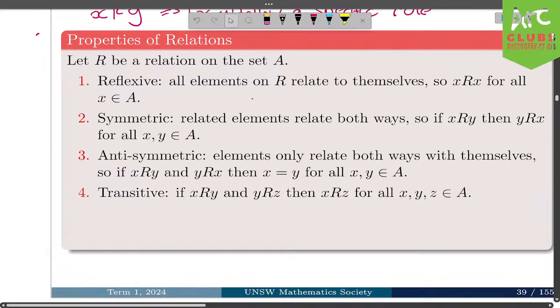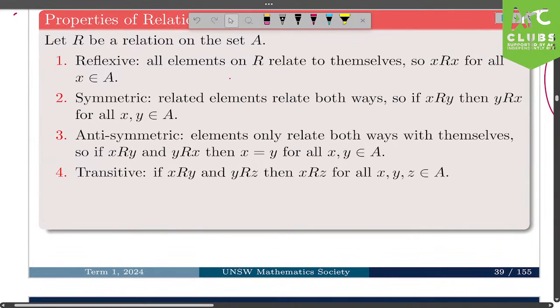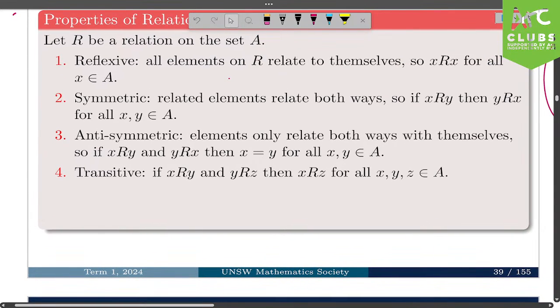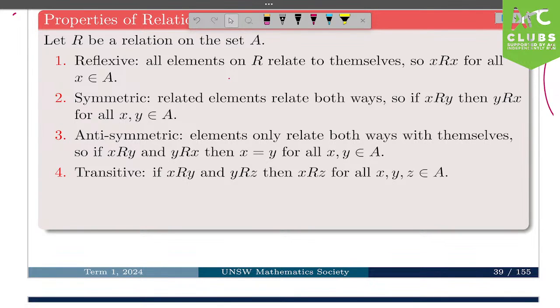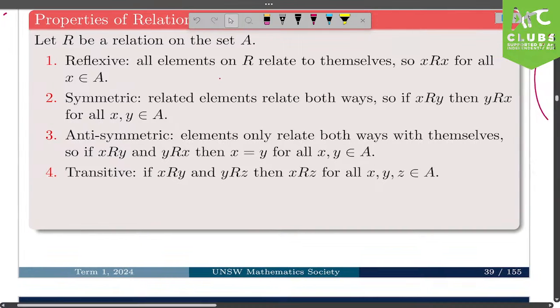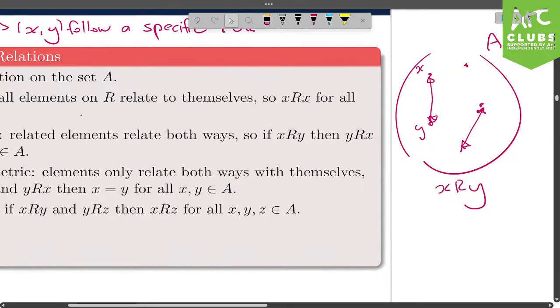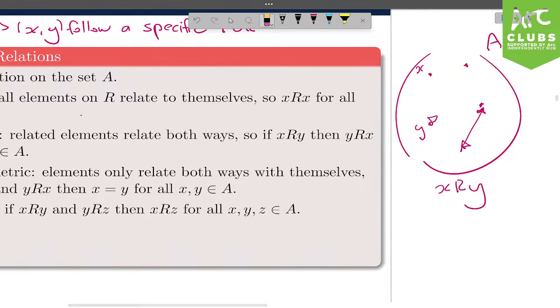Anti-symmetric is the opposite of symmetric, so its elements only relate both ways with themselves. If x relates to y and y relates to x, then x is equal to y for all x, y in A. Going back to our graph, this effectively means that instead of every arrow being double-sided, no arrows are double-sided. They only point one way.